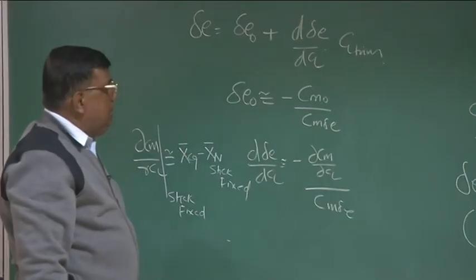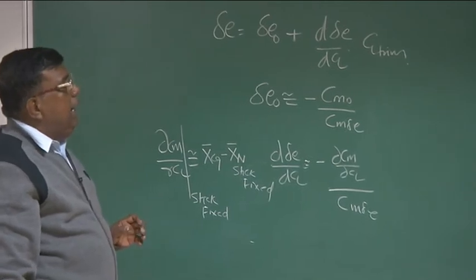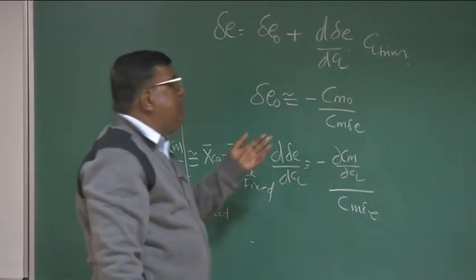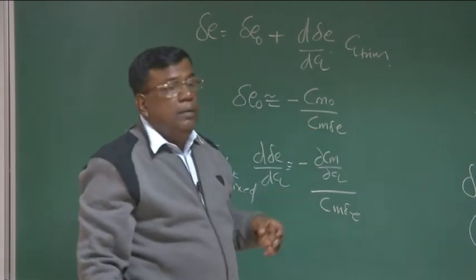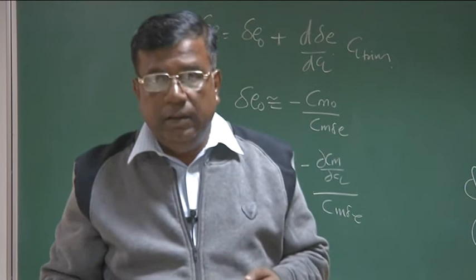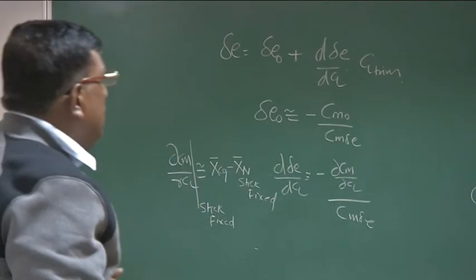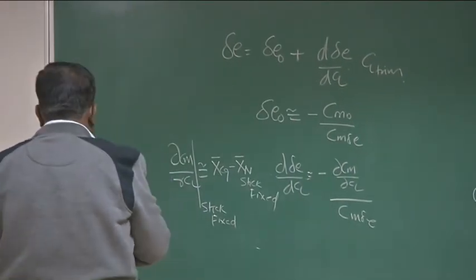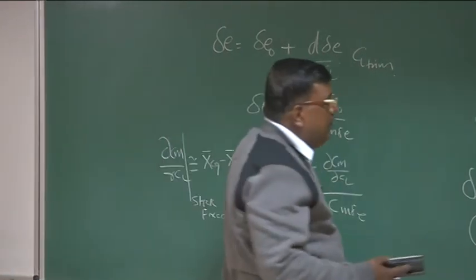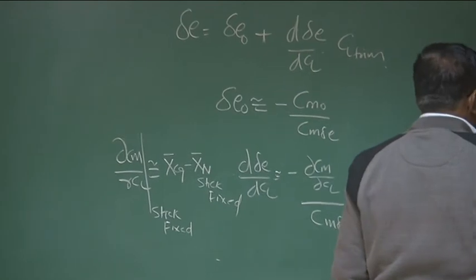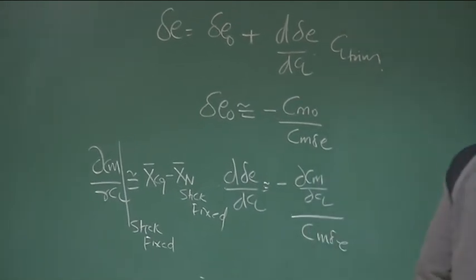Right? So once this part is clear, I, as a student, would like to know what is Cm naught as a revision and what is Cm delta E before I really become a champion of using this expression. So we will now go back. What is Cm naught? What do you understand by Cm naught? And what is the meaning of Cm delta E in a little exhaustive manner, because that will help us in solving problems.